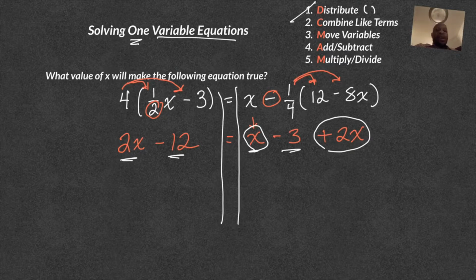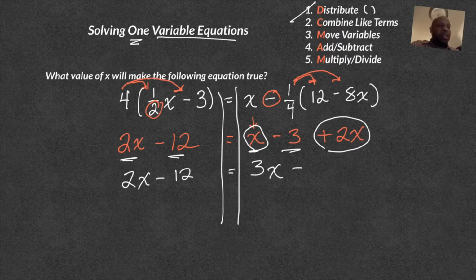Wow. Let's go ahead and do that. Let's bring the 2x on this side down, keep the equals, and add the x's. That's going to be 3x minus 3. Simple and plain. I just added 2x plus 1x, and that gave me the 3x.